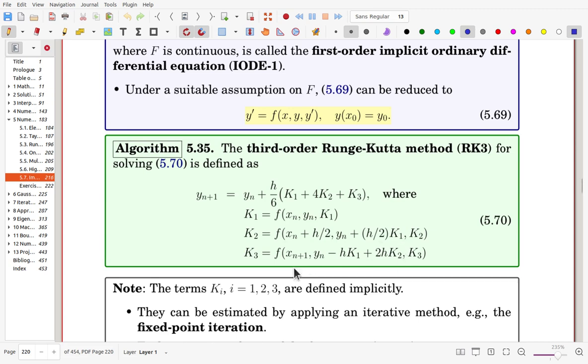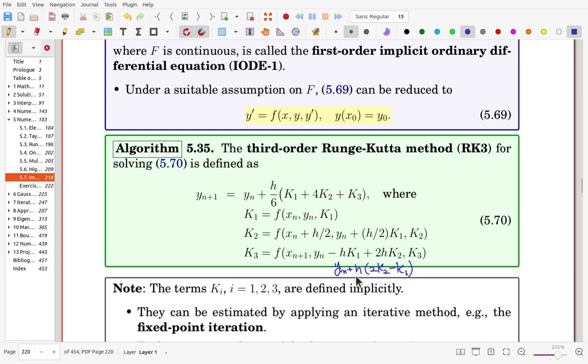And K3 is now formulated in this way, yn, and here negative hk1 plus 2hk2, so that is basically the same as yn plus h times 2k2 minus k1, right?